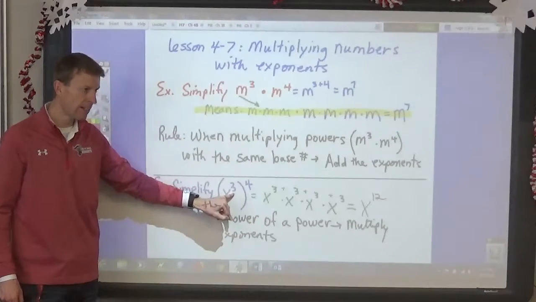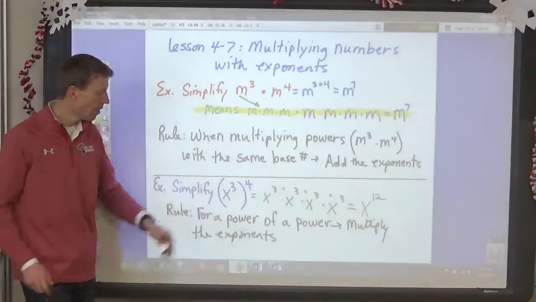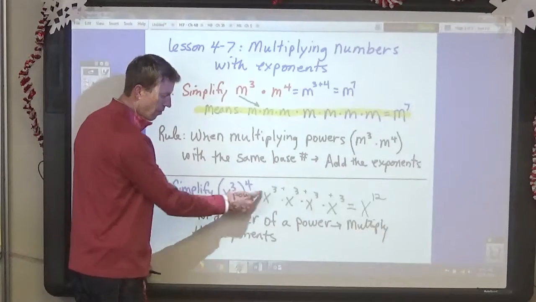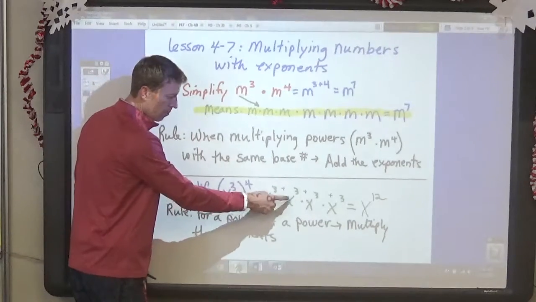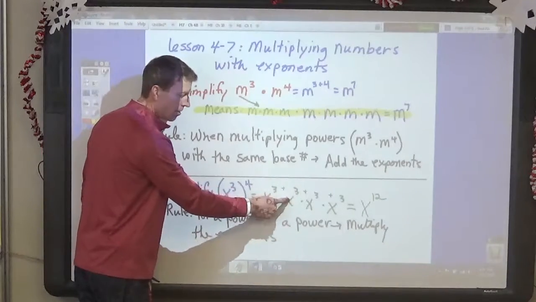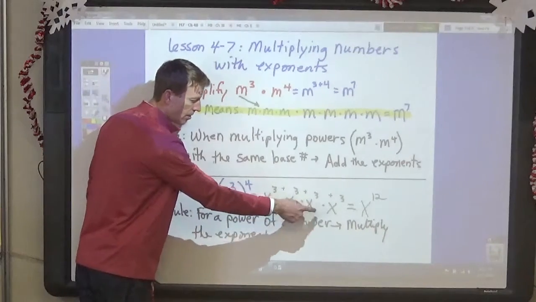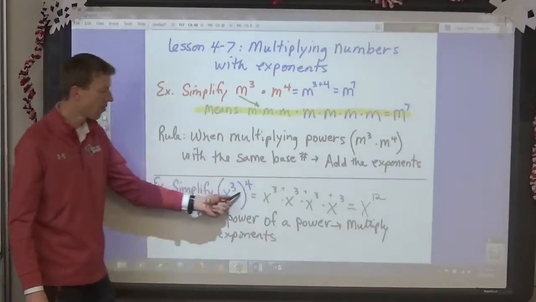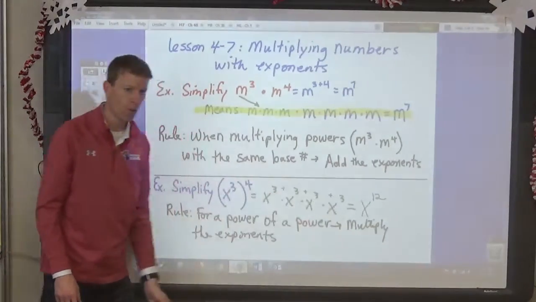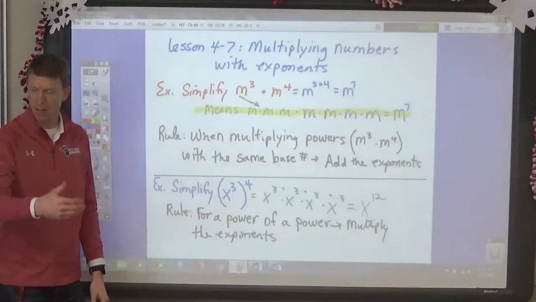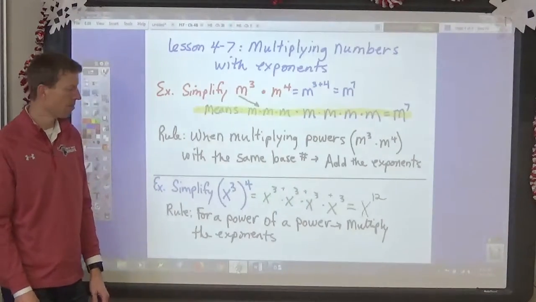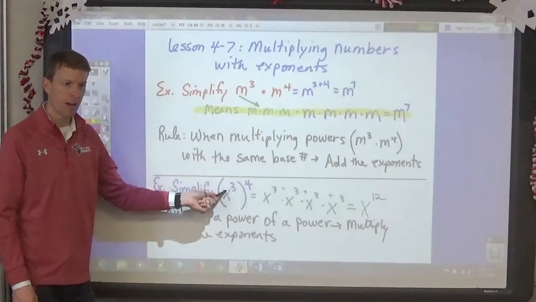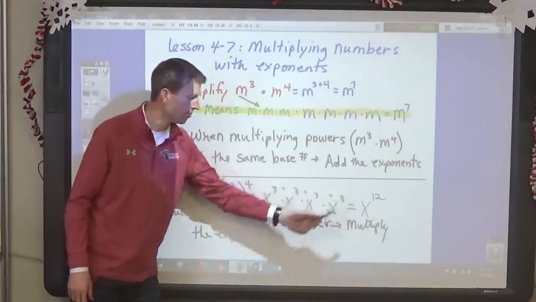So when you write it out in expanded form, this means x to the third times x to the third times x to the third times x to the third. So the x to the third power is multiplied by itself 4 times. And that's why you multiply the powers to get the answer.